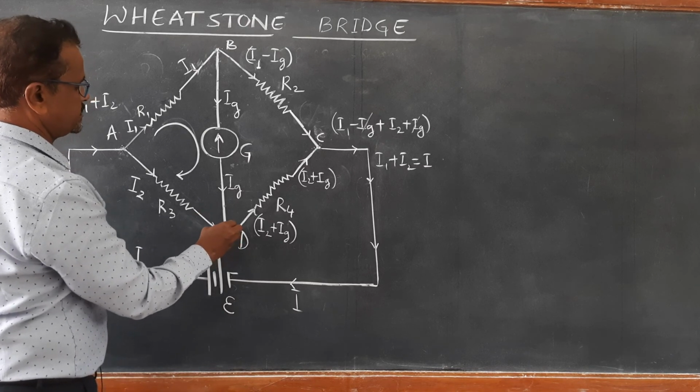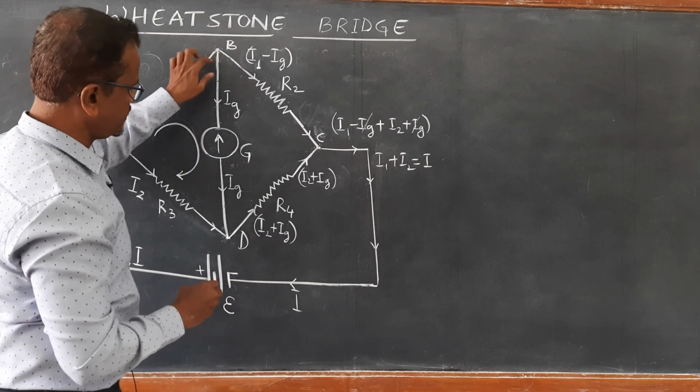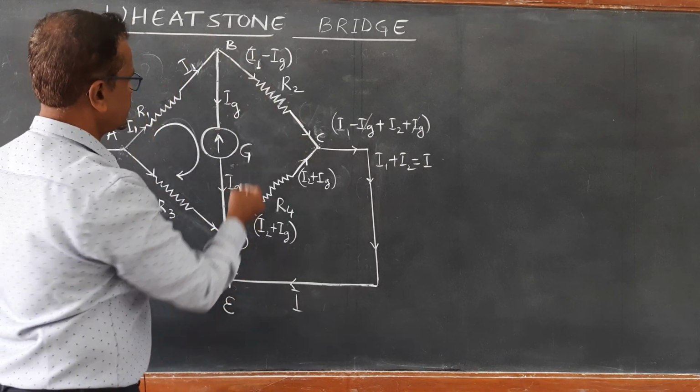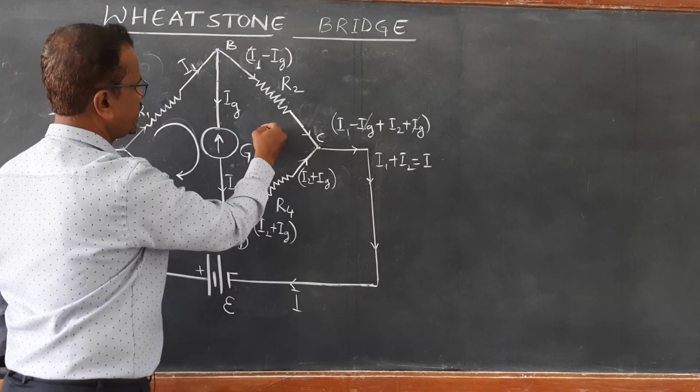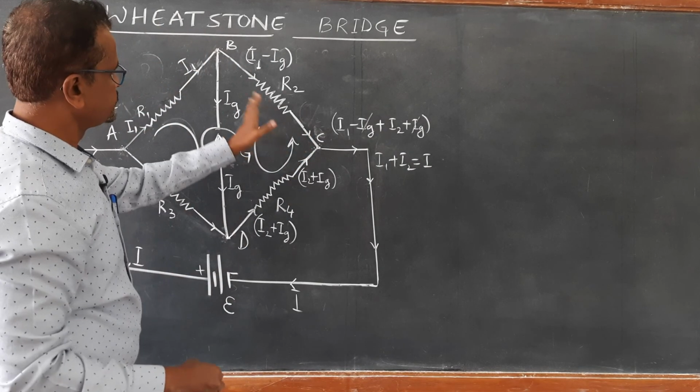Another closed loop is BDCB, where the current is anti-clockwise, so I can choose the anti-clockwise sense there.